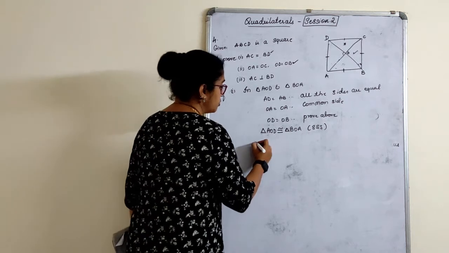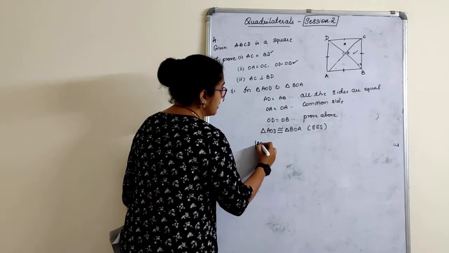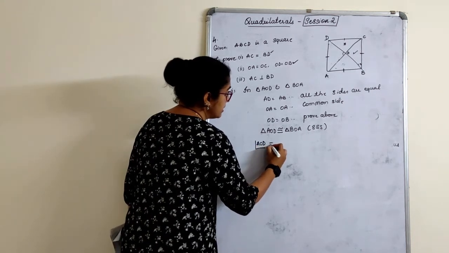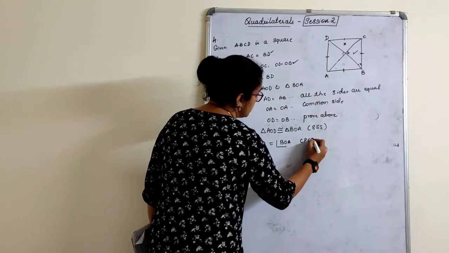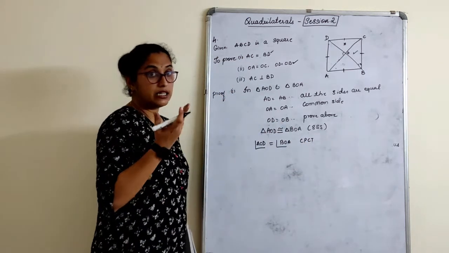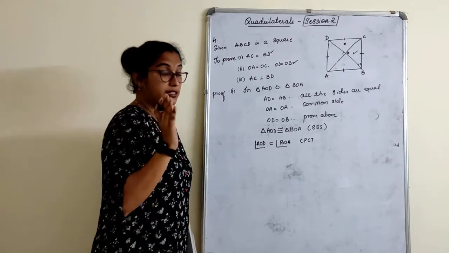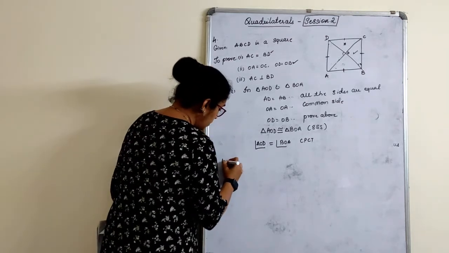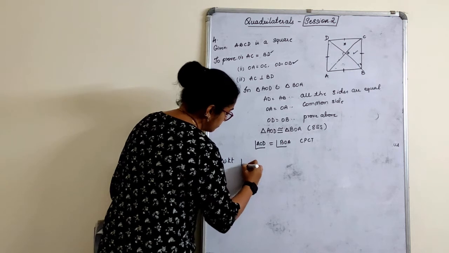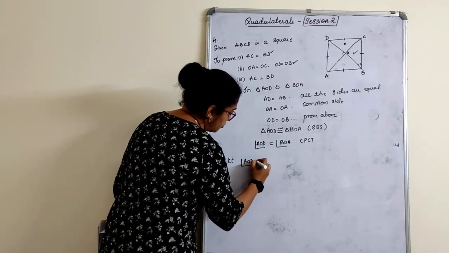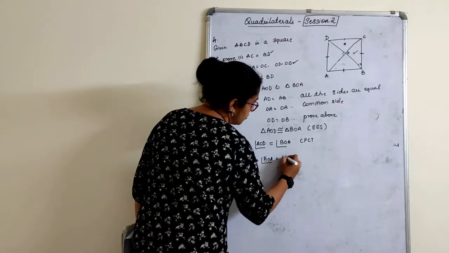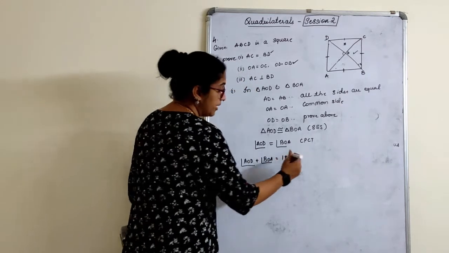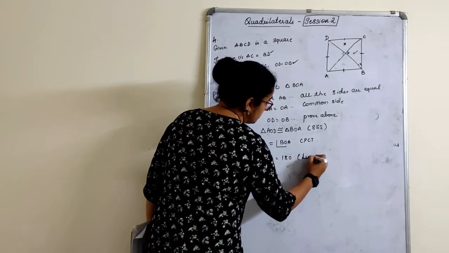From the SSS congruence rule, I can tell that angle AOD is equal to angle BOA, by CPCT. Don't write is equal to 90 degrees here. They are not 90, only angles are equal. We know that angle AOD plus angle BOA is equal to 180. Why? They form a linear pair.